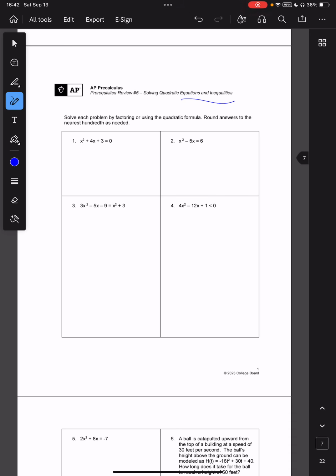So one of the main things for this class is that you need to know the quadratic formula. The quadratic formula is very, very important. So I'm going to give you a couple seconds to remember what the quadratic formula is and write it down on the top of your paper over here.